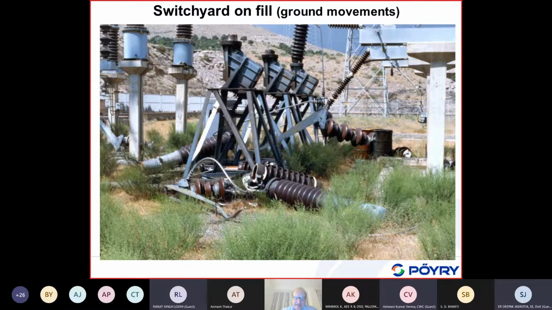Okay, but here it is already high. This didn't fail as such, but I have to assume that this part of this switchyard is founded on fill material. And as I mentioned already yesterday, if you use seismic building codes, you will see fill material is the worst foundation of any structure.